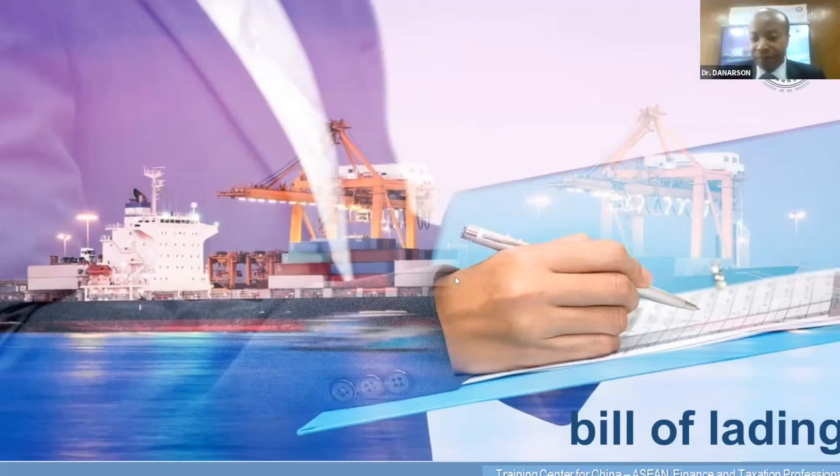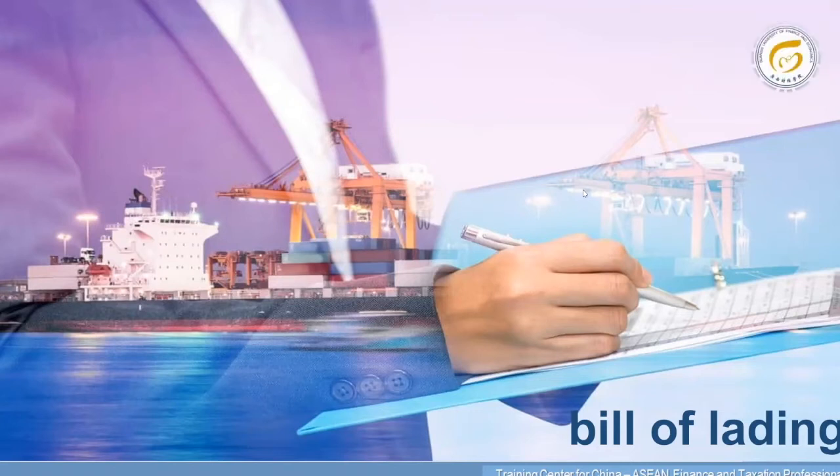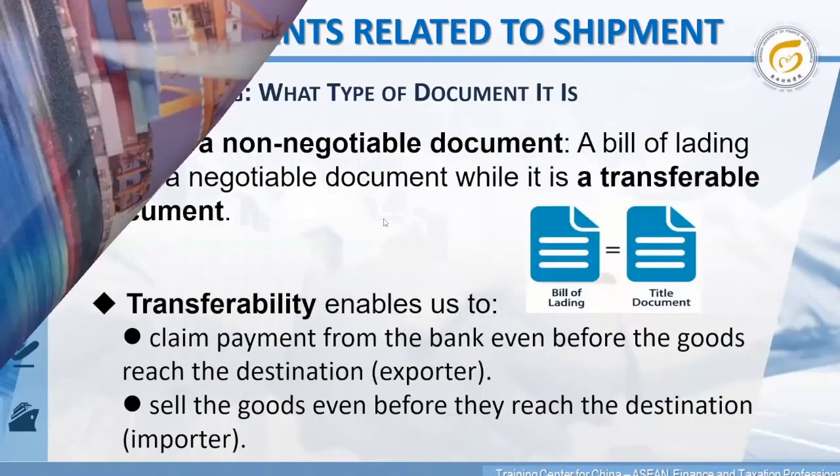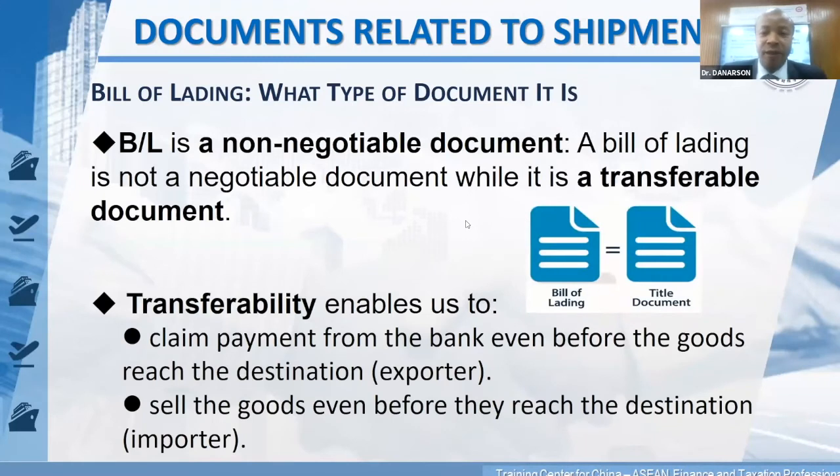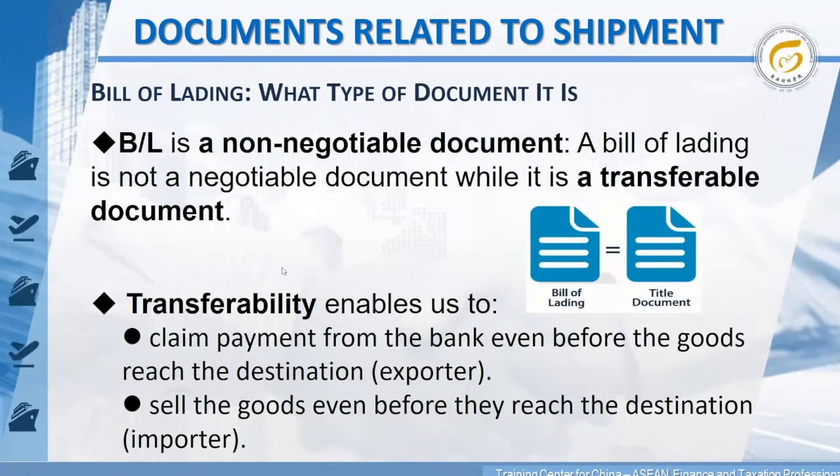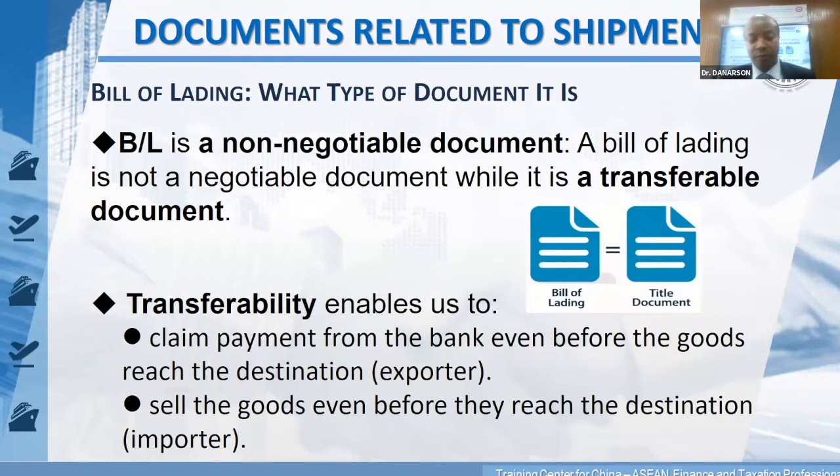We left off with the bill of lading, a very important document in international trade. Firstly, we need to know that bill of lading, long ago, was called bill of loading.